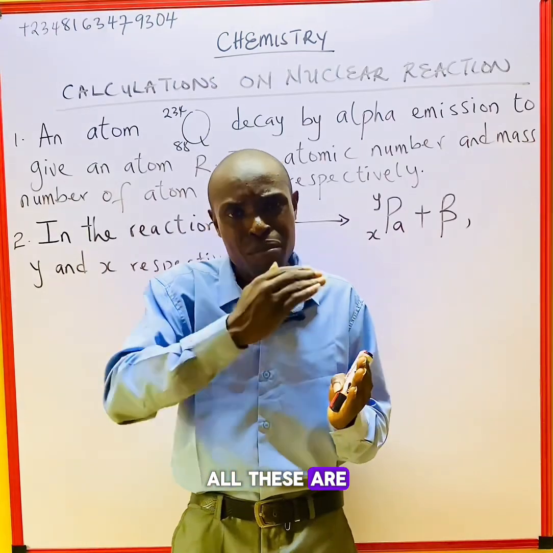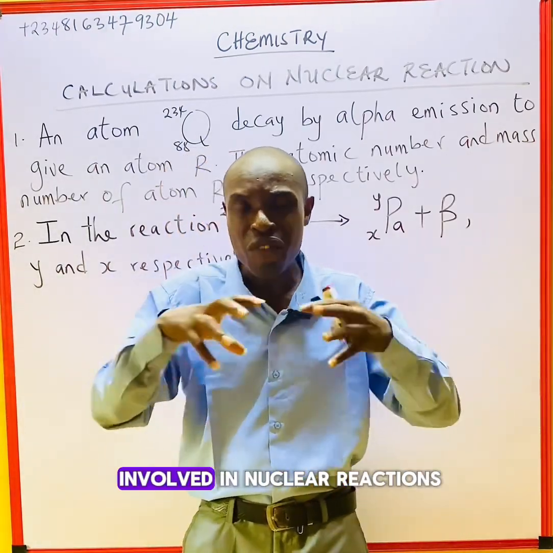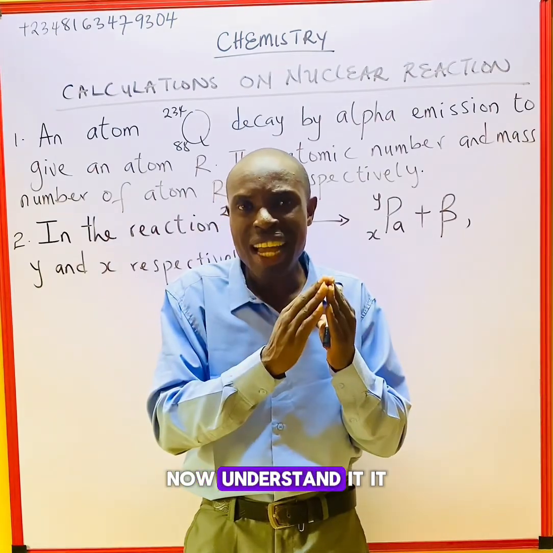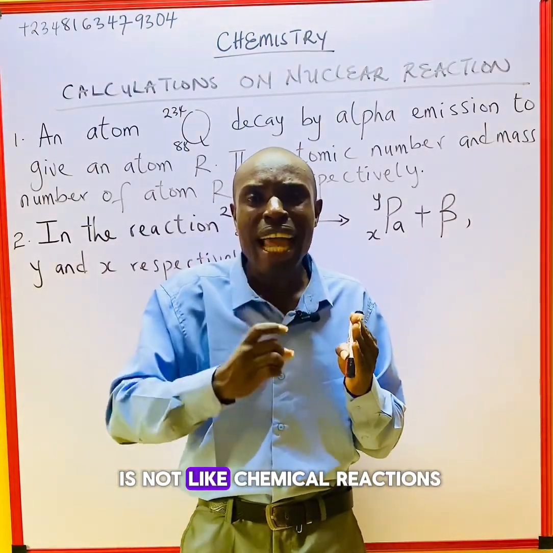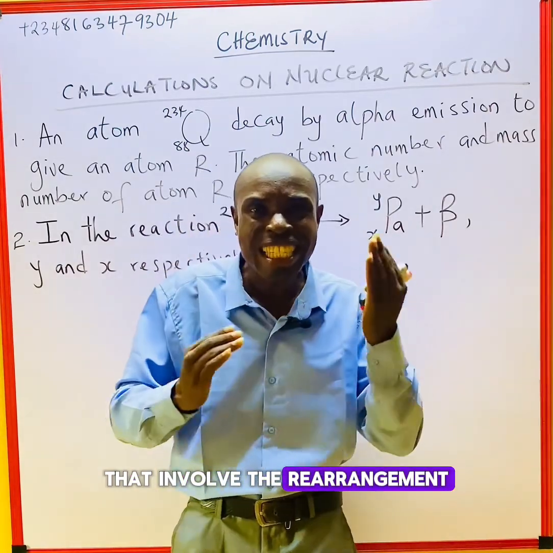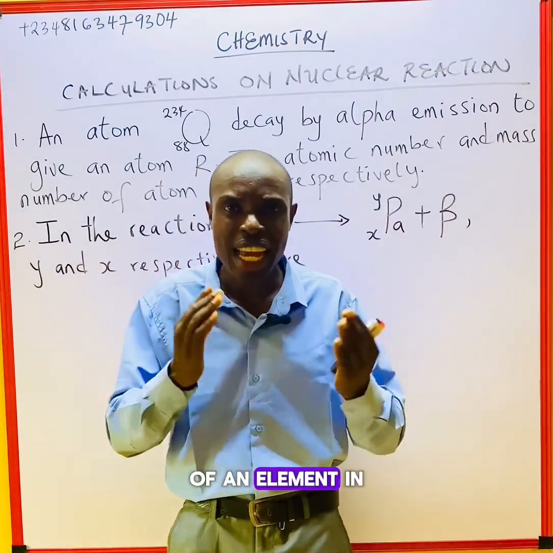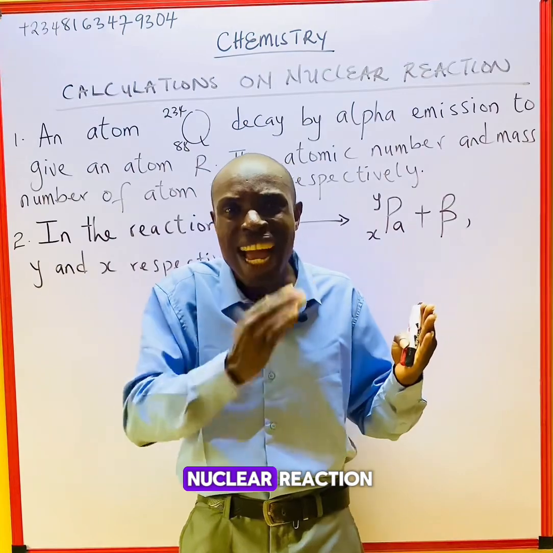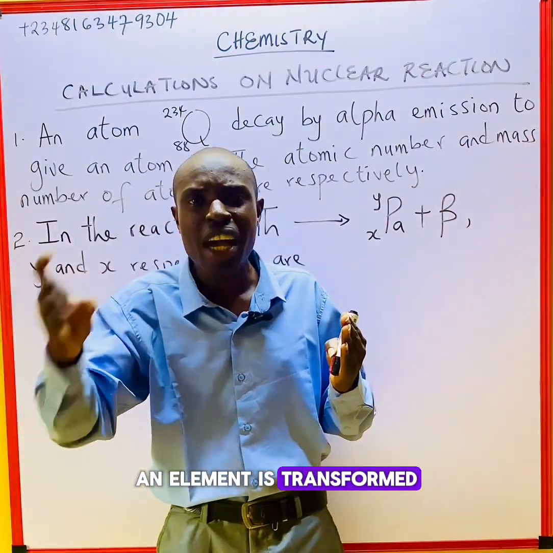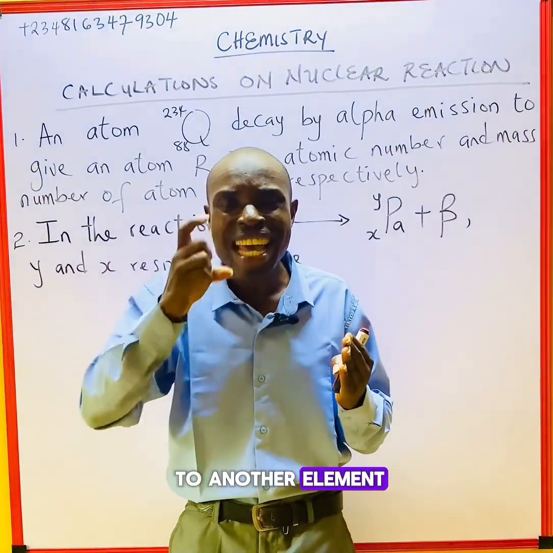All these are particles that are involved in nuclear reactions. Now, understand it. It is not like chemical reactions that involve the rearrangement of electrons of an element. In nuclear reaction, an element is transformed to another element.